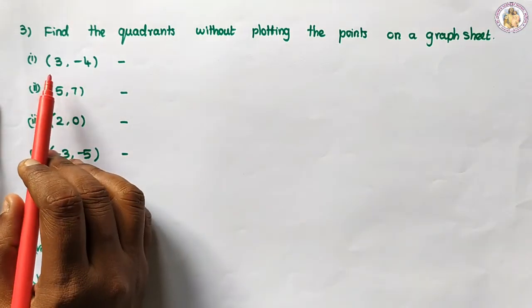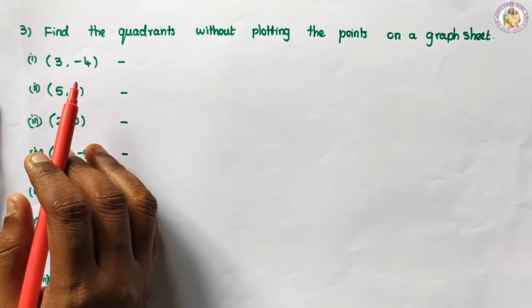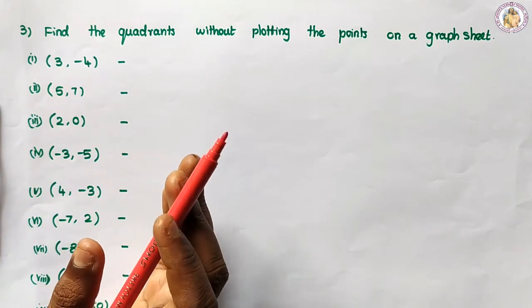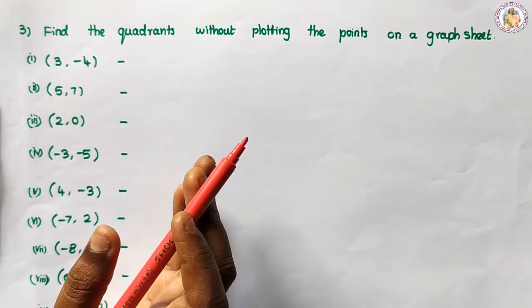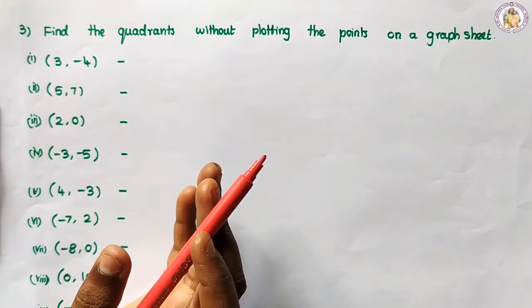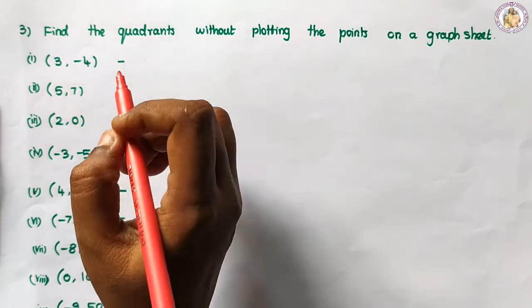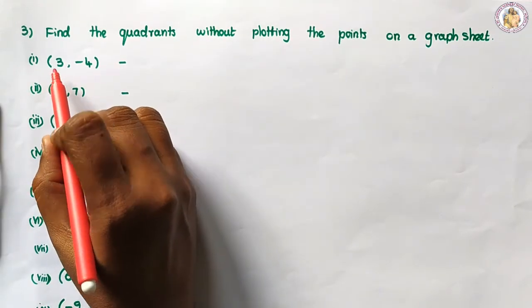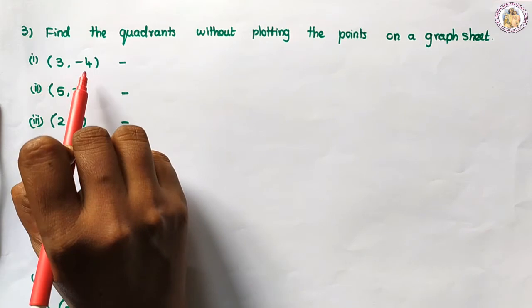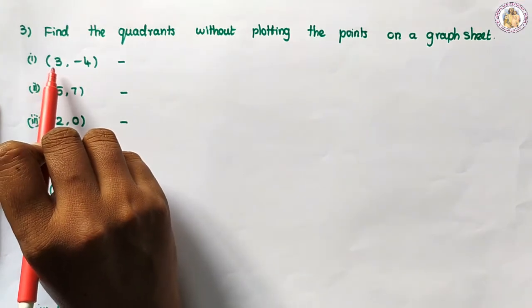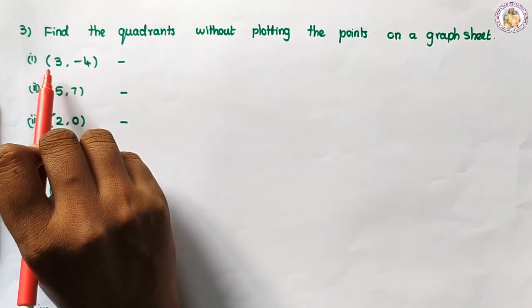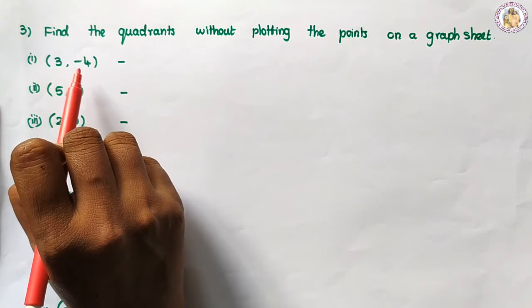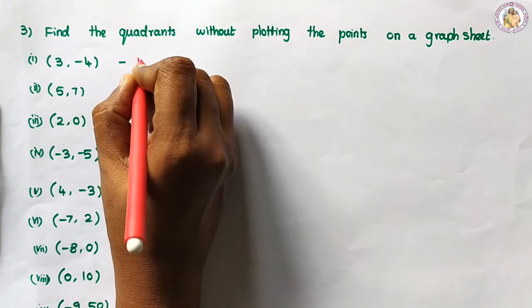Listen, I already told you: plus plus first quadrant, plus minus fourth quadrant, minus minus third quadrant, minus plus second quadrant. Remember this and write down the answer. Here (3, -4). 3 is positive, so plus comma minus. Plus minus, fourth quadrant.